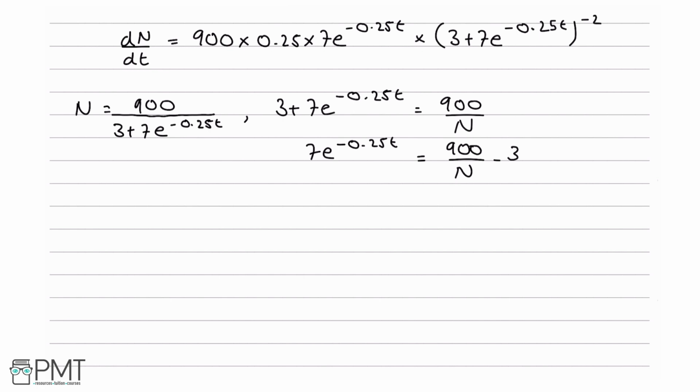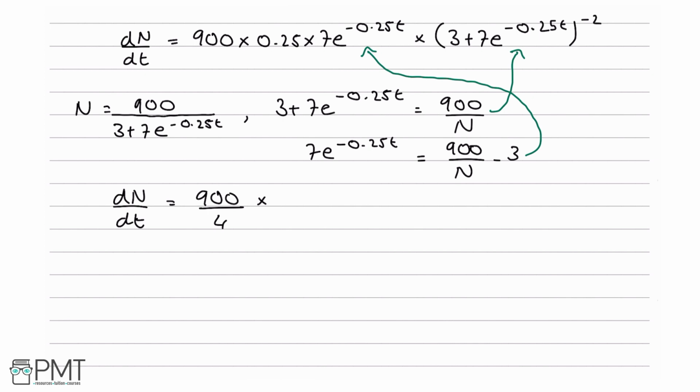Okay? From here, what we can do is plug in 900 over n into here, and plug in 900 over n minus 3 into here. So what we'll end up with is dn by dt equals 900, now 0.25 is 1 over 4, so it's going to be 900 over 4 times 7e to the minus 0.25t.